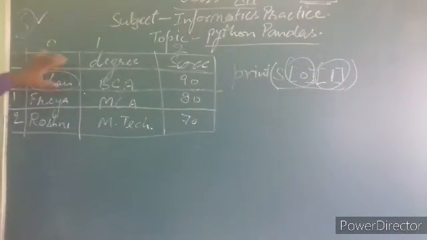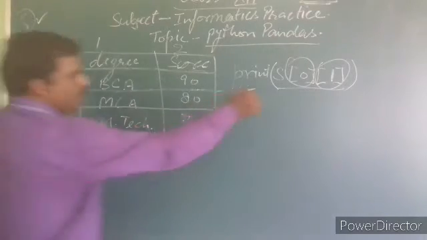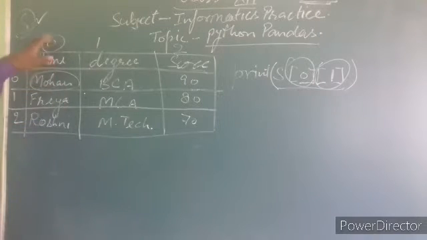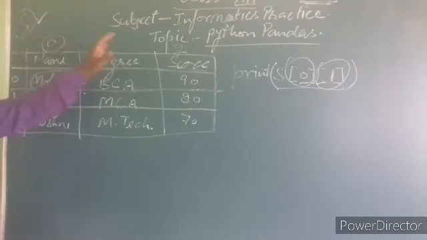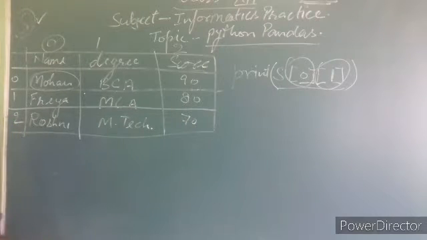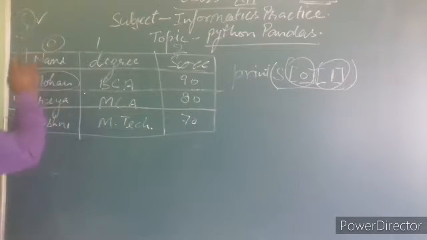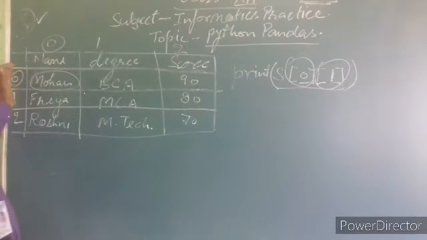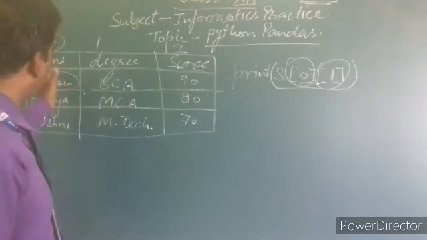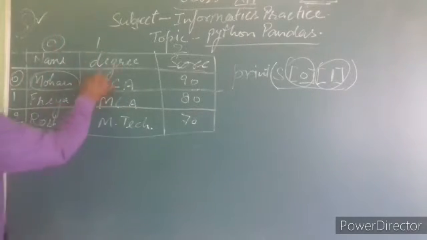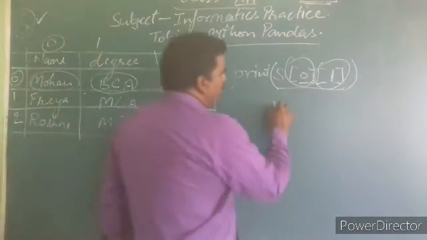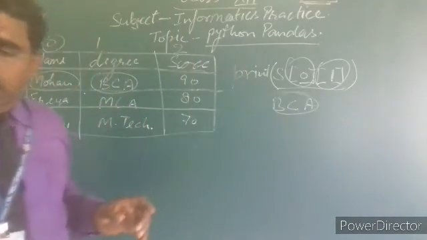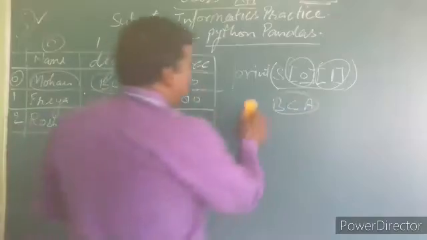First of all, it will be counted row wise. The first value counts the row: 0. In row 0, the first column, check it. First column means this value. So here BCA will be displayed.